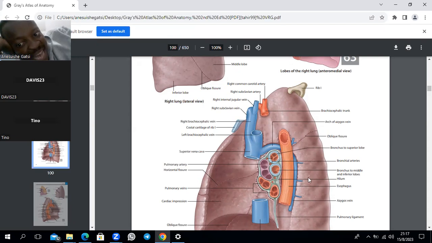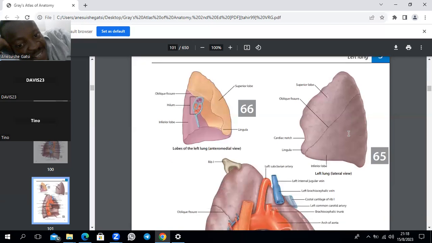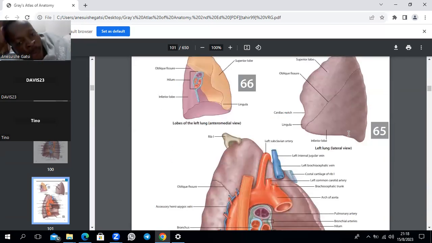Then there are other organs that make an impression on the lung. This surface that I'm showing you here is what we call the mediastinal surface because it's facing the mediastinum. So this is for the left: superior lobe, inferior lobe, with only an oblique fissure here.